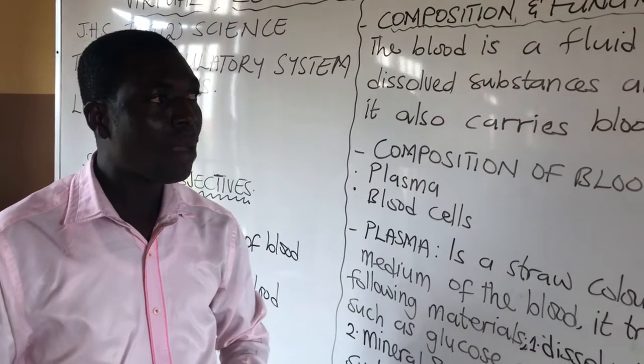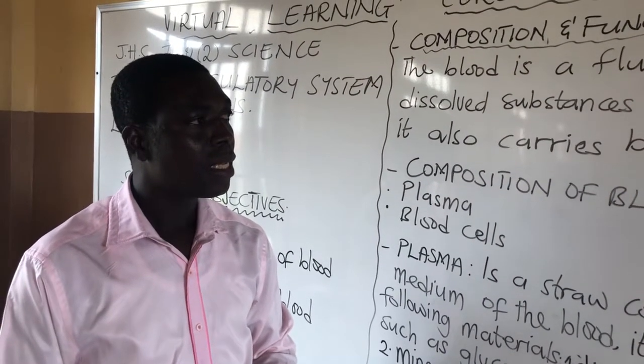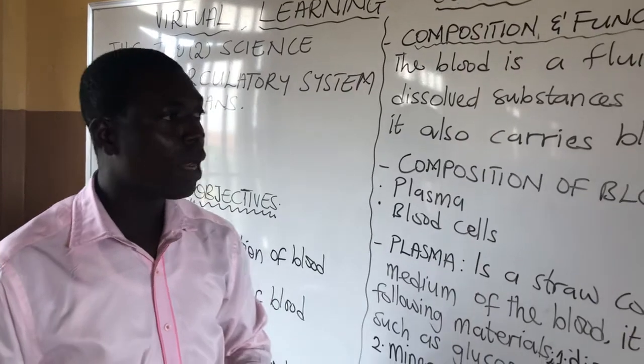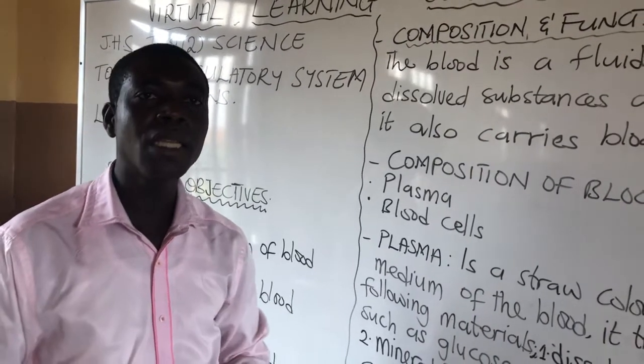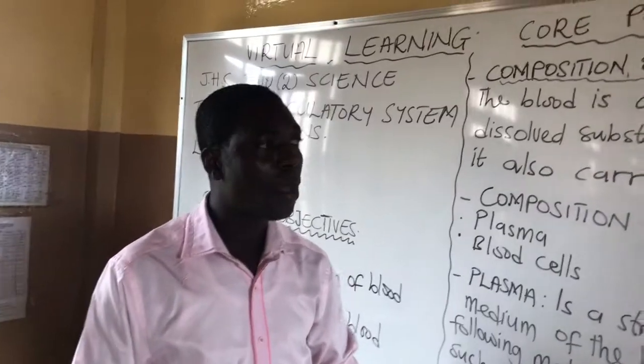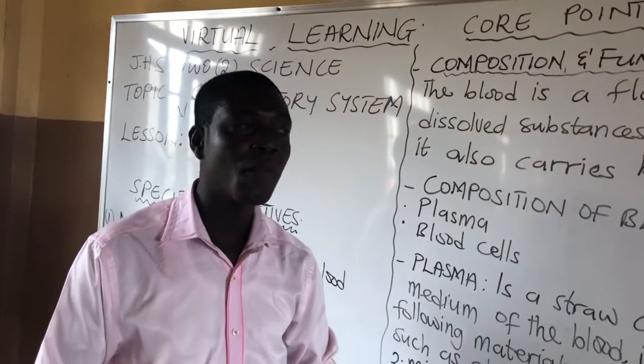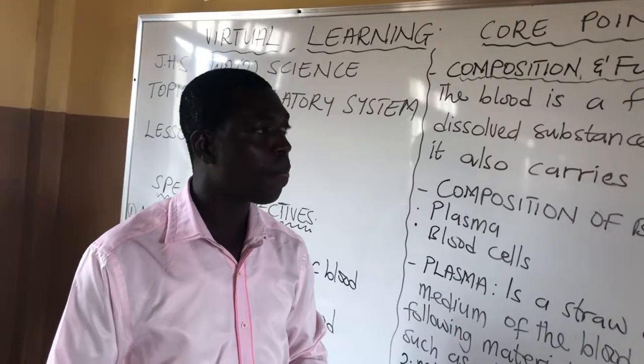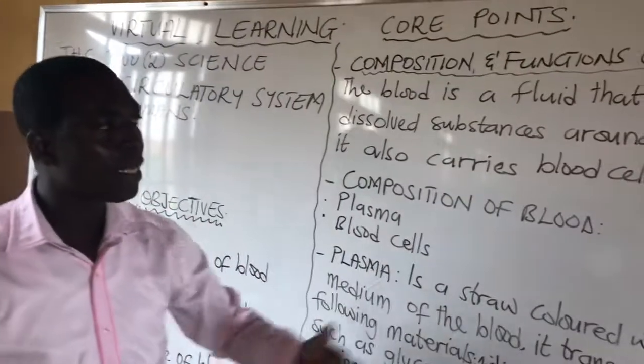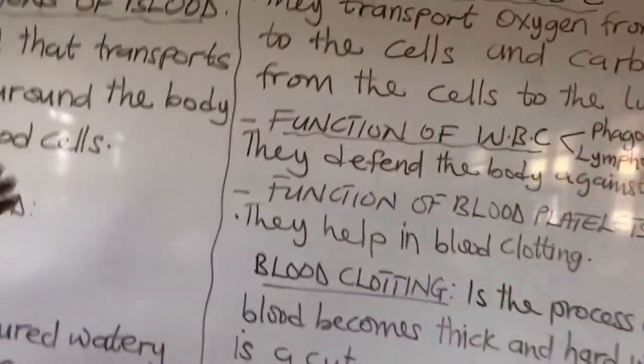And therefore, our blood is very important. So we need to take good care of our blood by eating food that can provide enough blood for the body. So the main function, once again, is that it defends the body against diseases.